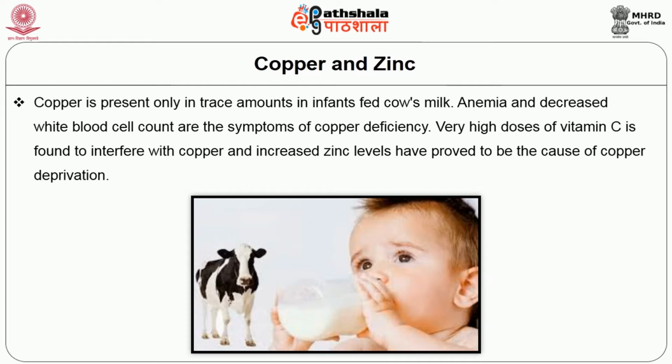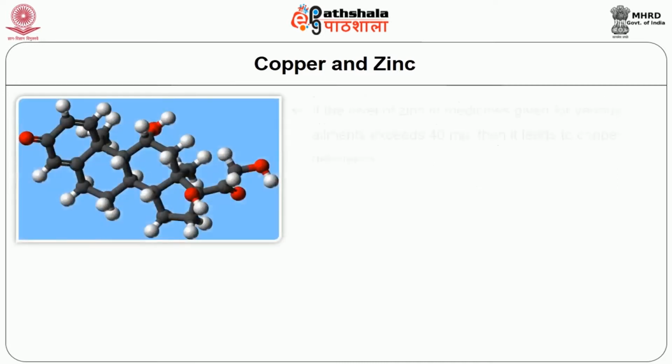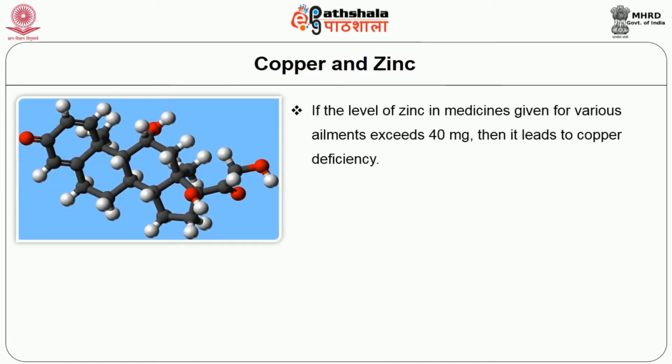Anemia and decreased white blood cell count are the symptoms of copper deficiency. Very high doses of vitamin C is found to interfere with copper, and increased zinc levels have proved to be the cause of copper deprivation. If the level of zinc in medicines given for various ailments exceeds 40 mg, then it leads to copper deficiency.